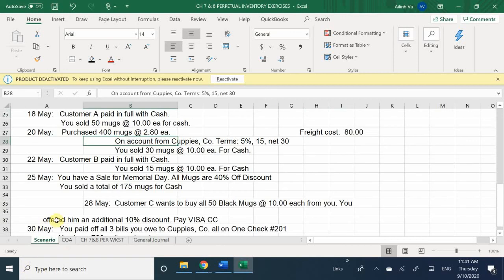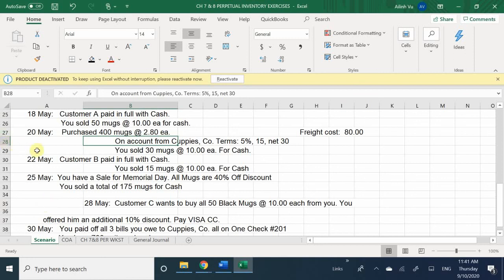So we're almost done. We have maybe 8 transactions left. Okay, and we've got 15 minutes left.